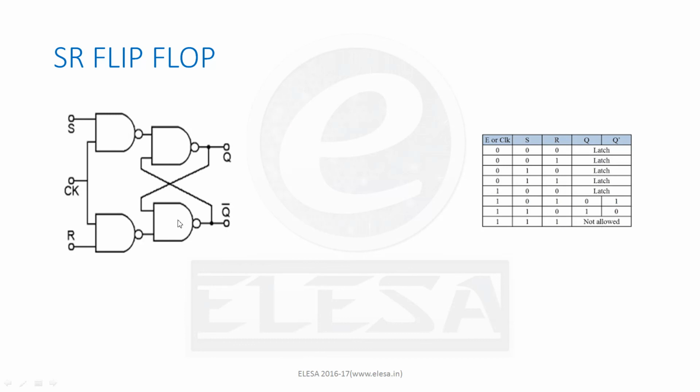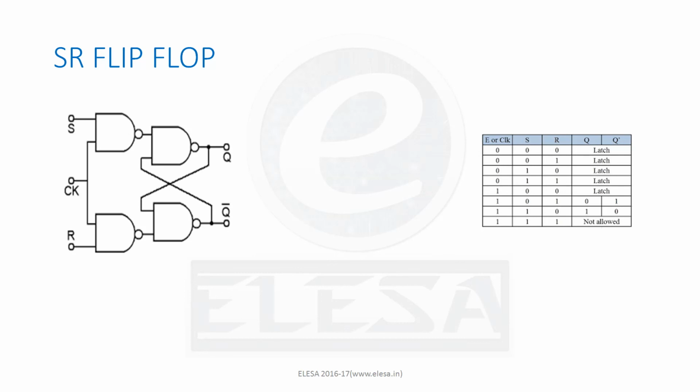Then the output of the SR latch is 1 and 0. When S is equal to 1 and R is equal to 1, then the outputs here are 0 and 0 respectively. Therefore, the output of the SR latch in this case is a non-accessible state.